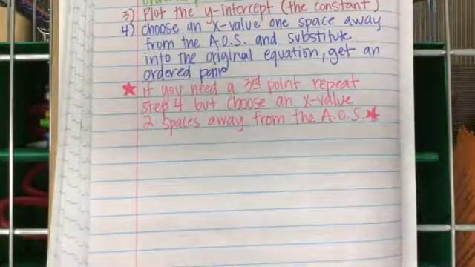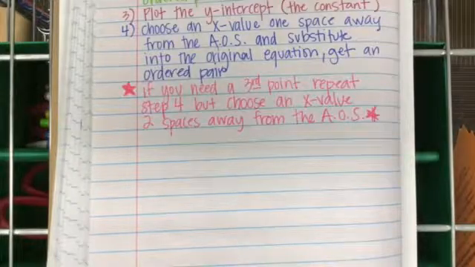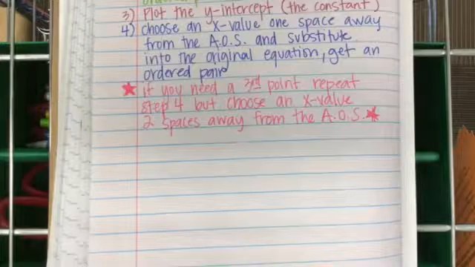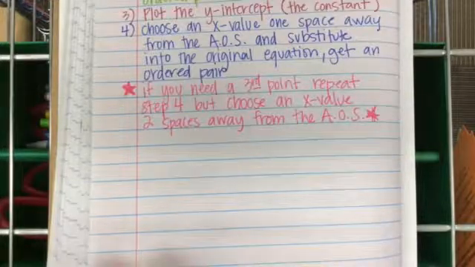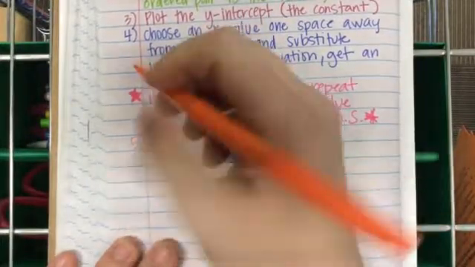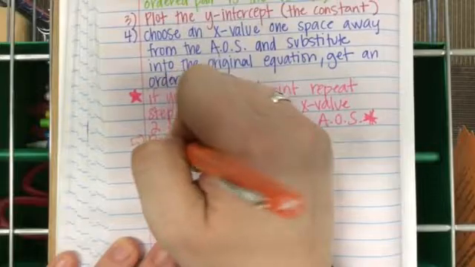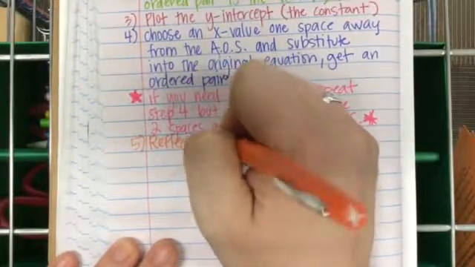Sometimes your vertex is already your y-intercept, or sometimes your y-intercept is one space away from the axis of symmetry. Sometimes that happens. You cannot stop with your vertex in one point. You have to have three, because step 5 is reflect and connect.